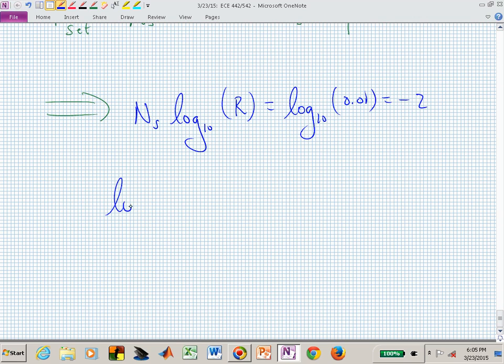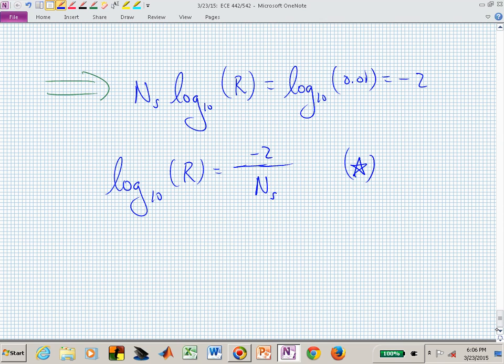So now I have log base 10 of R is equal to -2 over N sub S, and I may return to that at some point in the future, so I'll label that as my star equation. And I can now solve this for the distance away from the origin in the z-plane.